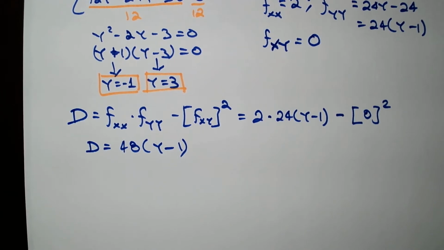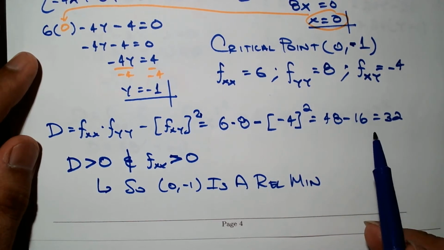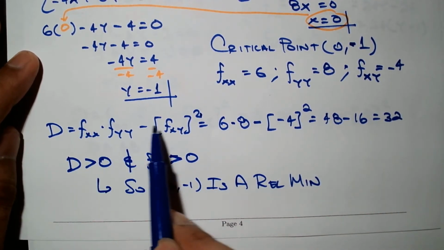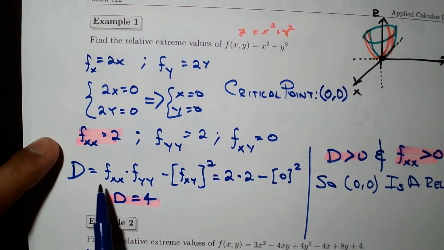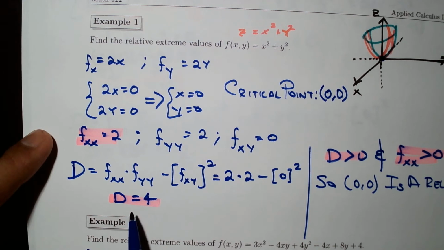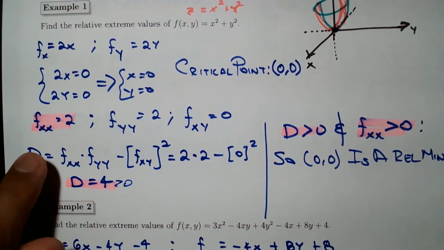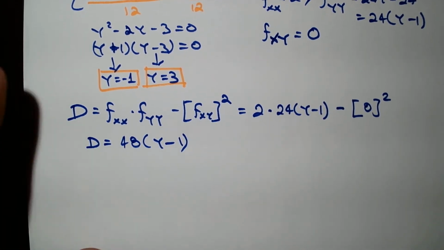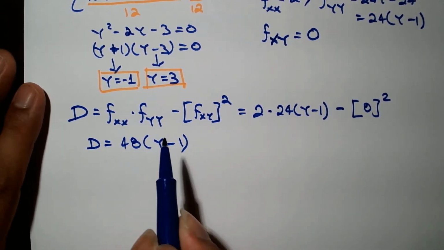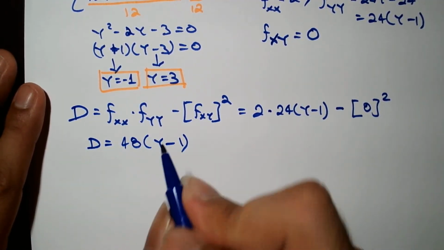Unlike the previous examples, where the D's were simpler, just straight numbers, and all we did was look at the sign of it, in this case we obtain a D in the form of an algebraic expression.